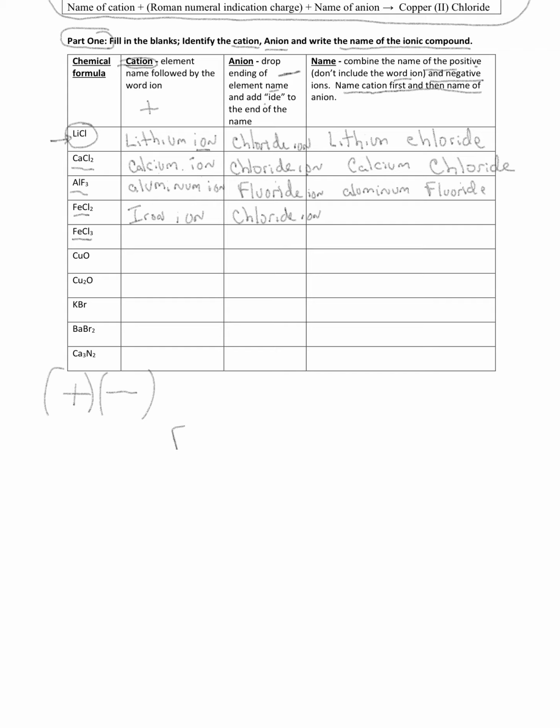There's an iron with a 2 plus charge, another iron with a 3 plus charge. So we need to distinguish which iron is in this compound. If you look at the charge of chlorine, the chloride ion has a charge of -1. Okay, so chlorine is -1.